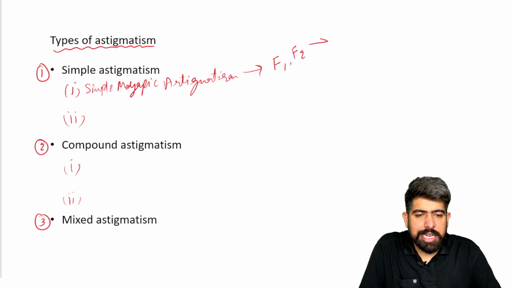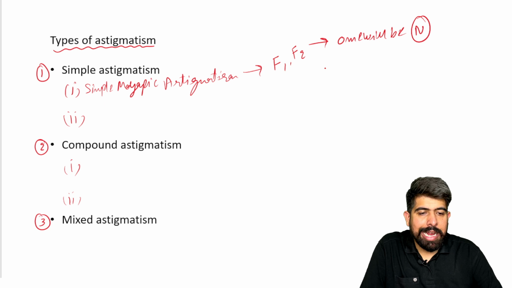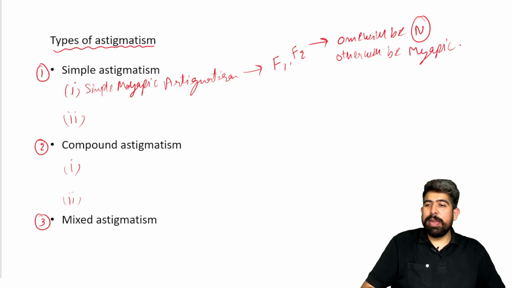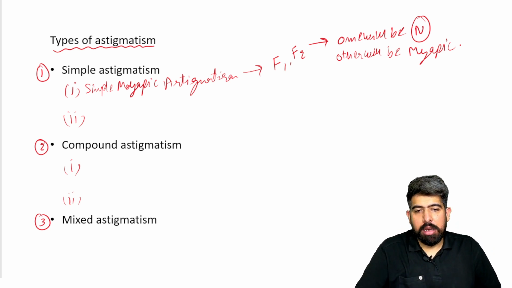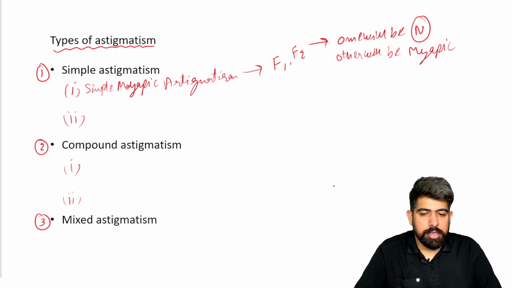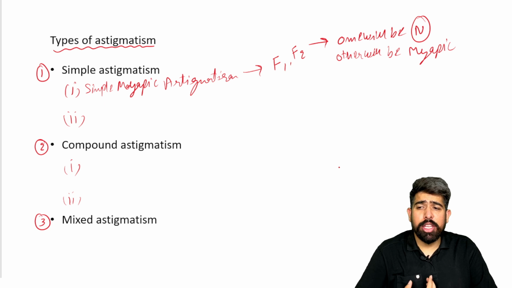Out of these two focus points, one will be normal and the other will be myopic. So one focus point will be on your retina, and the second focus point will be myopic.